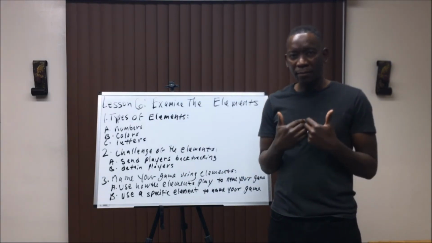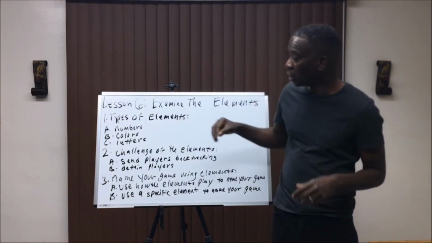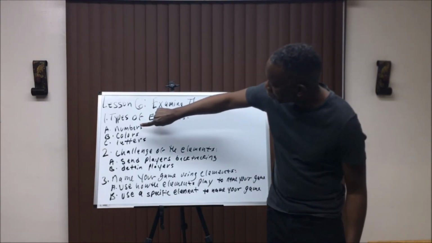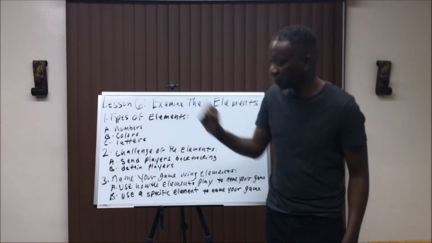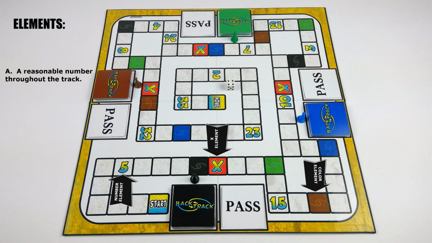But I'm using my Backtrack tabletop board game to show you the 3 elements that I've used on my track: numbers, colors, and letters. I want to take a time to show you my game board so you can visually see what I'm referring to. So let's take a look at the numbers.